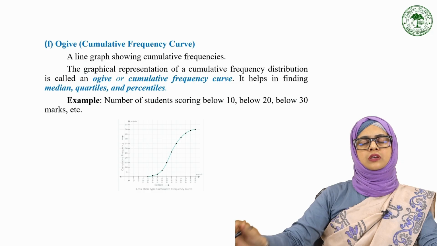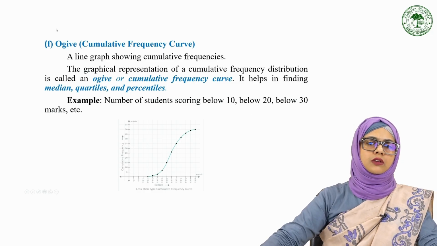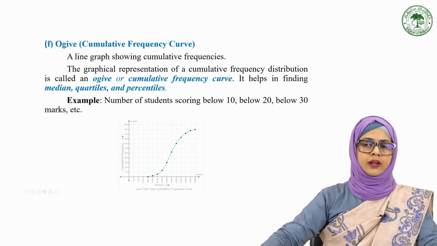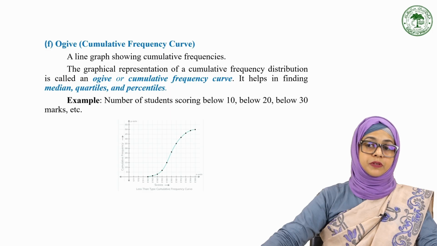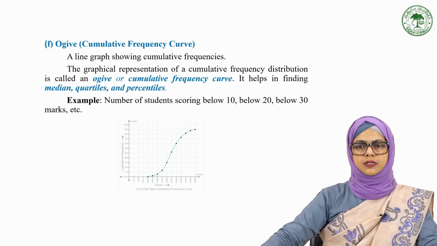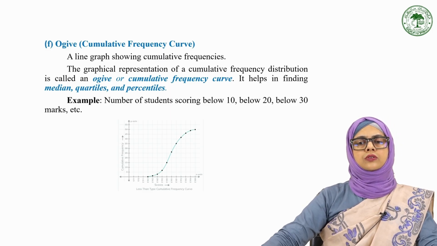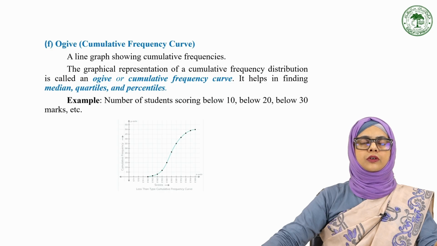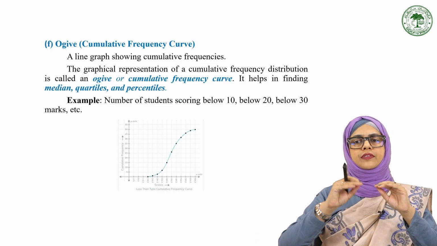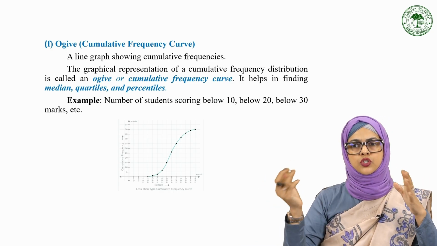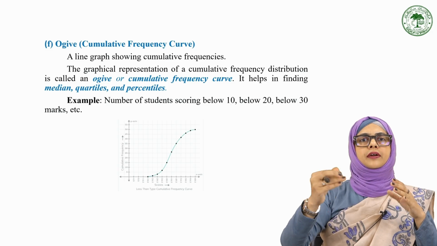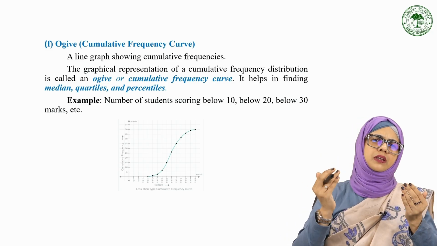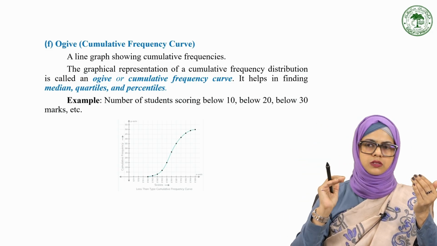So basically it also helps to find the median, it also helps to find the quartile and even the percentile through this particular data. So if you look into the cumulative frequency ogive, it is a line graph that plots cumulative frequency showing the number of data points that are below a certain value, and typically it's the upper boundary of a class interval.